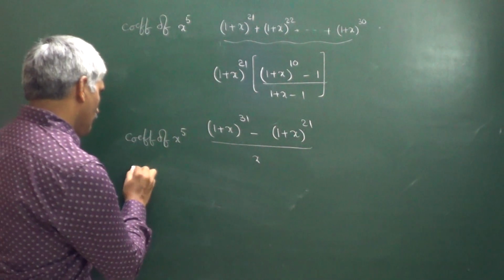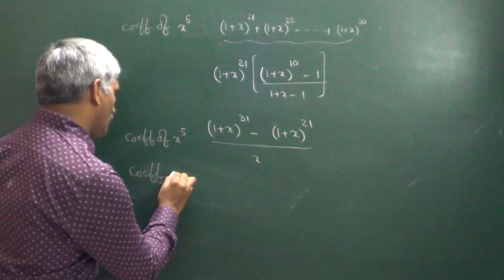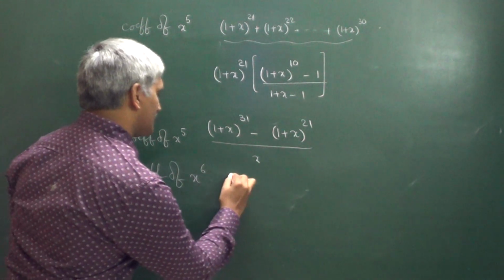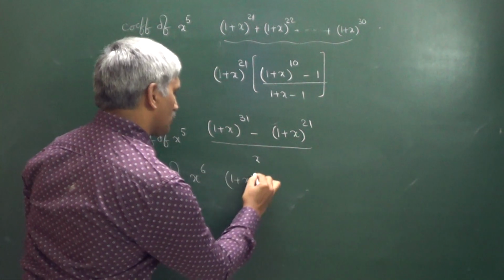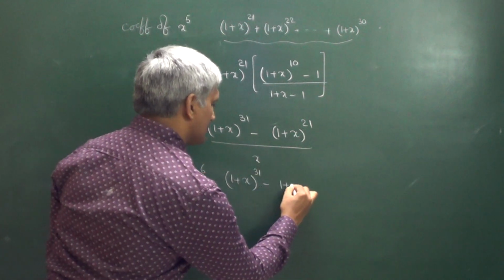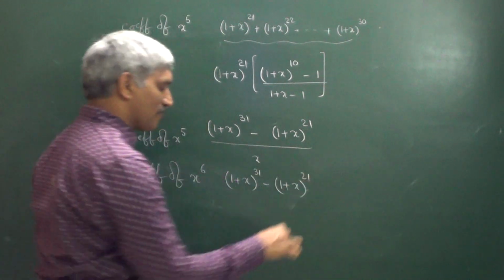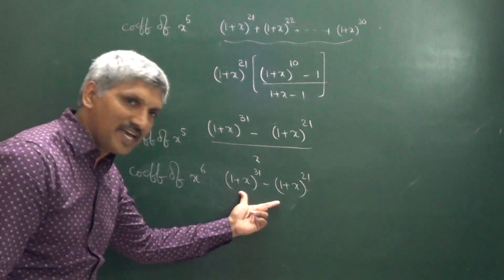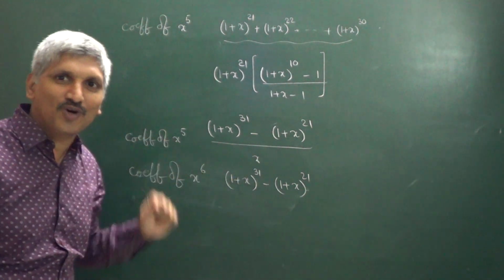Right? That means we have to find out the coefficient of x to the power of 6 in (1 + x)^31 - (1 + x)^21. X power 6 by x, you will get x power 5, or not?